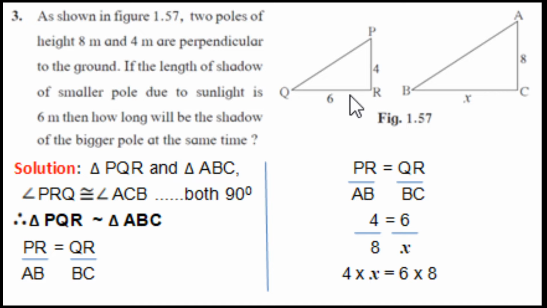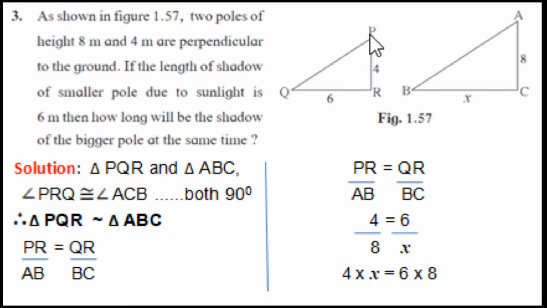The shadow of the smaller pole is QR, that is 6 meter. So we have to find X, the shadow of the bigger pole at the same time.